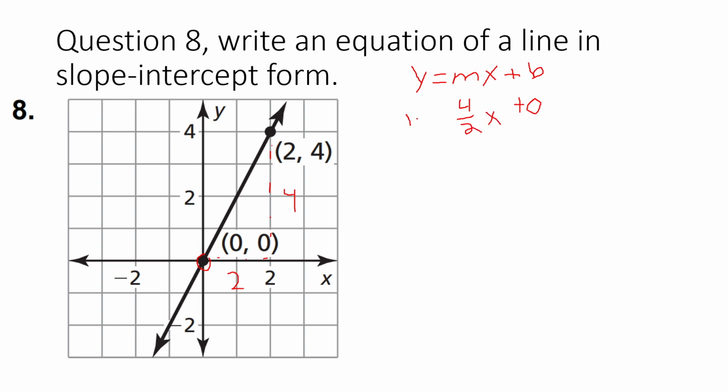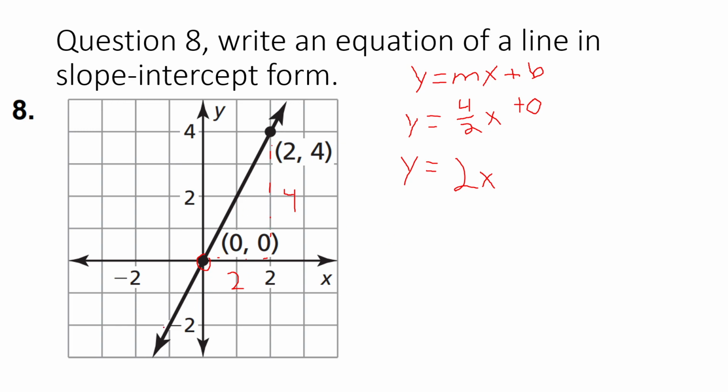Now, even though we got 4 over 2, we need to ask ourselves, can we simplify that? Well, 4 over 2, we can just say is 2, and so we got y equals 2x, and this plus 0 really isn't giving us any new information, so we don't have to write that, so we can just say y is equal to 2x.